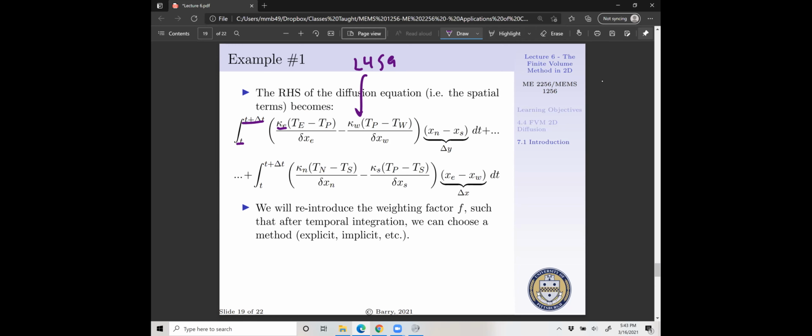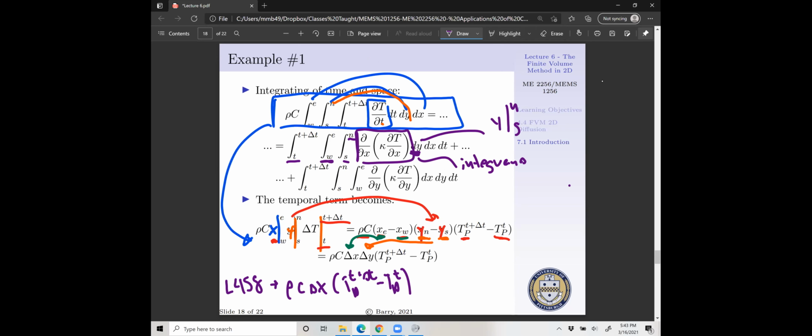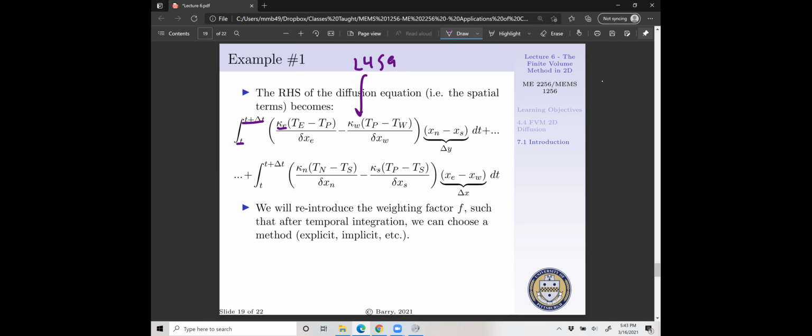Then we had our y from our inside integral evaluated between our north and our south face. And I'm sorry, I wrote x. This is a lot to type up, but I'll fix that. So you'd have y to our north minus y over south, and this is delta y. And then all we have to do is evaluate this integral with respect to time. So we took care of the temporal portion of it thus far.